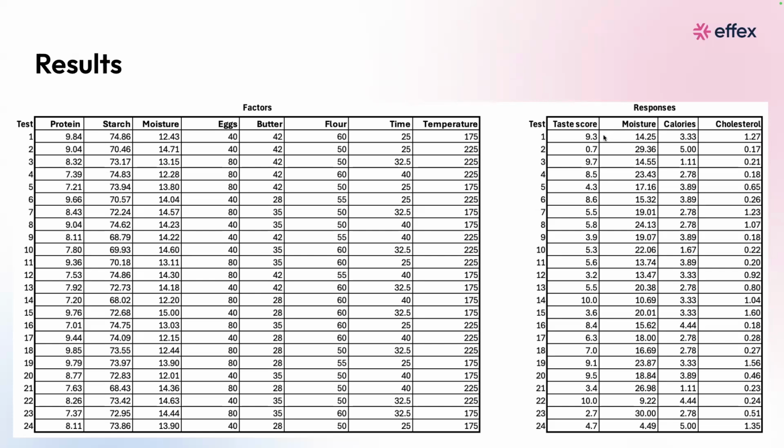As you see, this has an okay taste score, of course. It has a moisture that is below the lower bound, and it has too many calories and too much cholesterol as well. So you see there is a trade-off between the different responses.